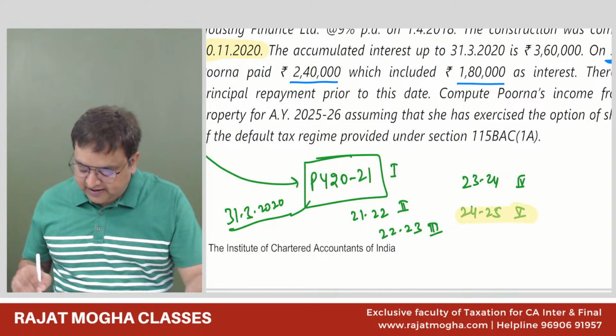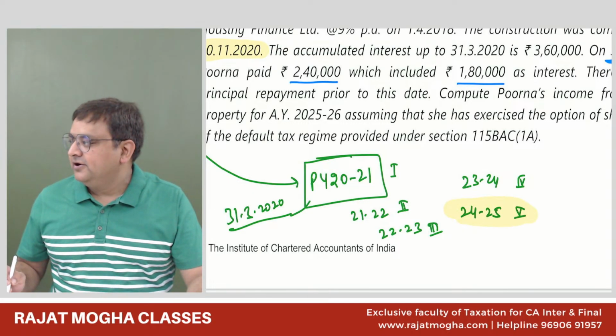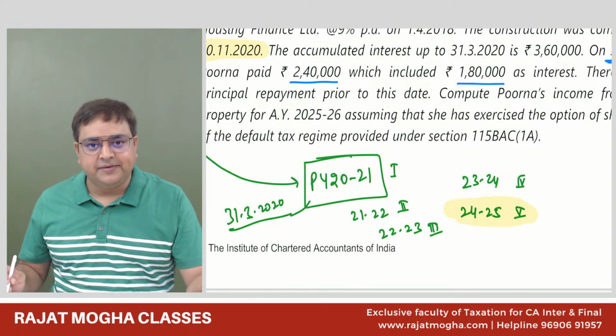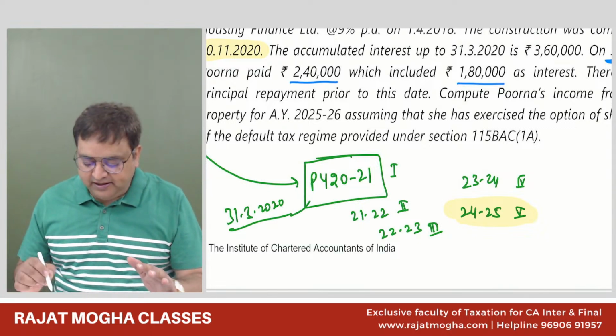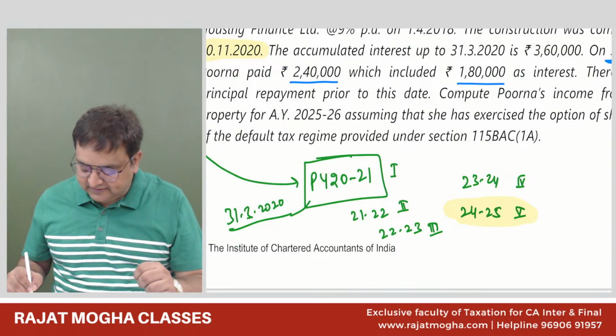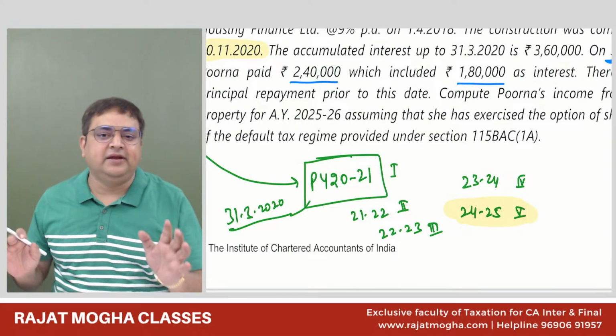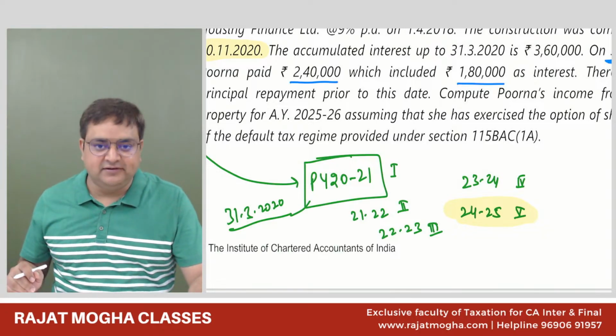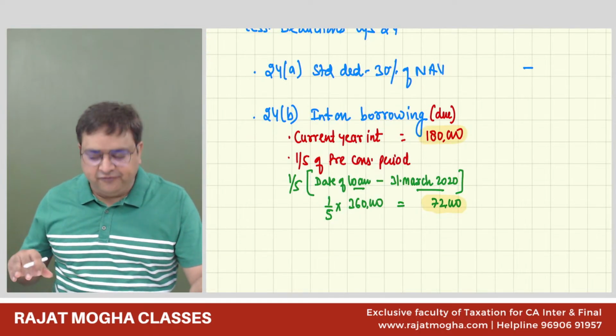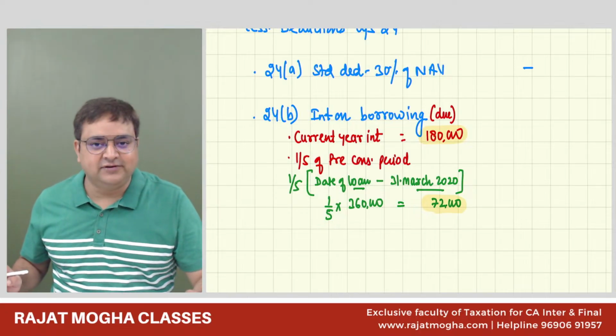And actually we are calculating for this previous year 24-25. Agree? So we are in the first 5 years. Had it been the 6th year, then I would not have taken the pre-construction period. So since we are in the first 5 years, we can take this pre-construction period interest also. So now we have checked that yes, we are in the first 5 years.